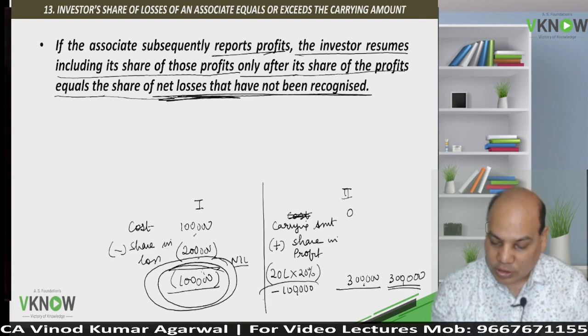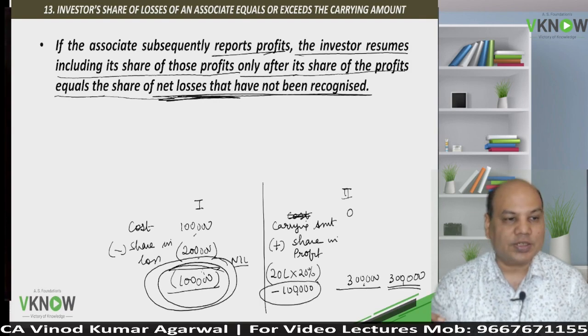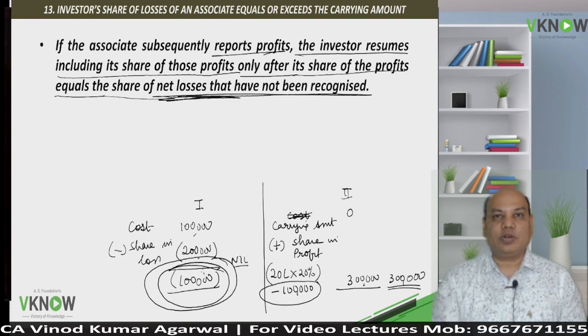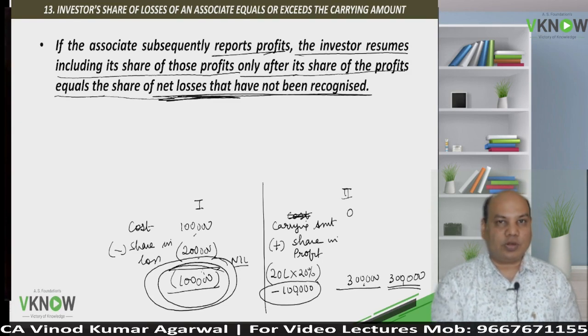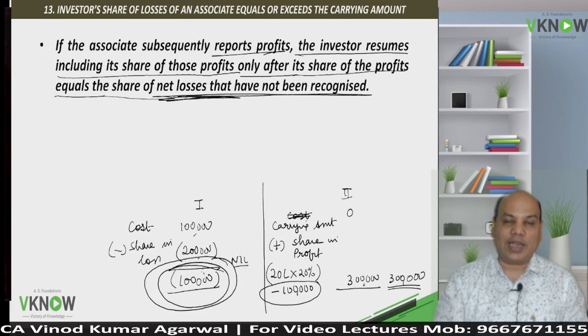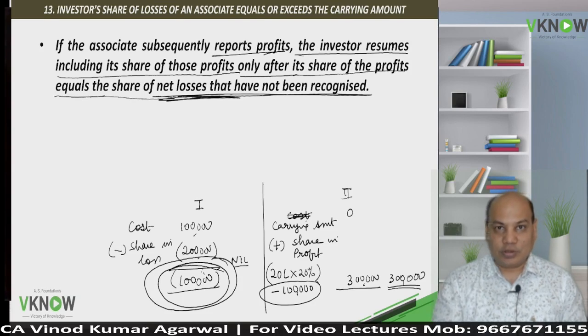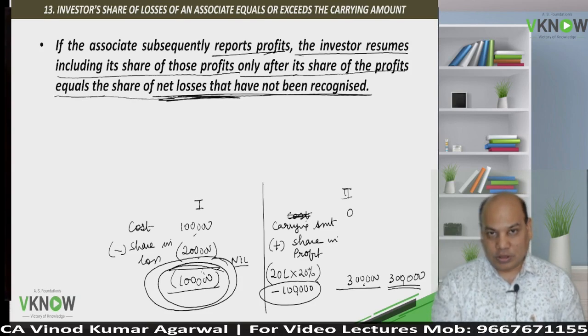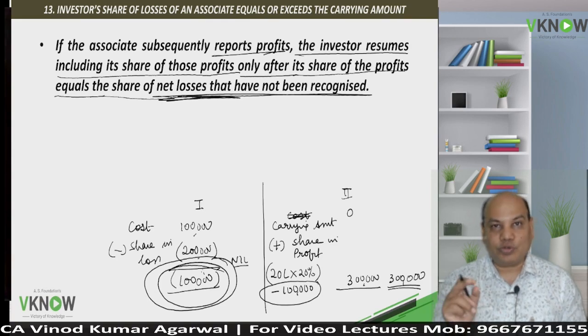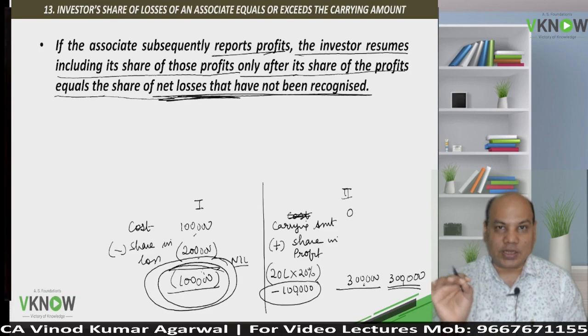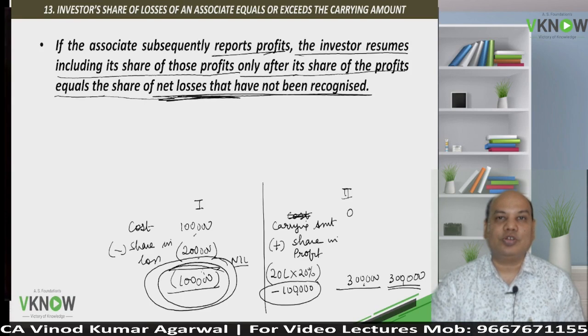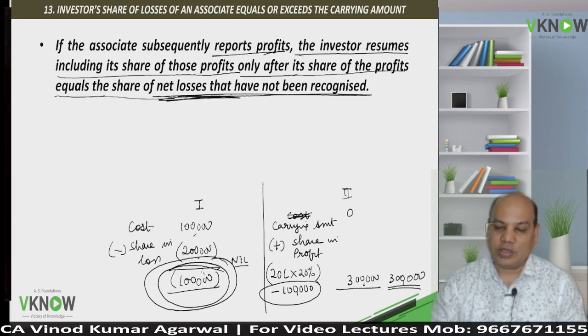So now if the associate starts making profit, first we are going to adjust that 1 lakh rupees loss, and then we are going to add it to the carrying amount. In our example, the loss which was not absorbed in the first year will be absorbed in the second year against the second year's profit, and the balance 3 lakh will be added to the carrying amount of the investment.